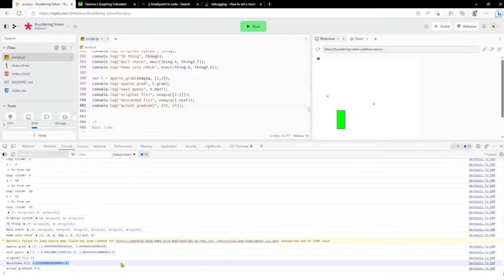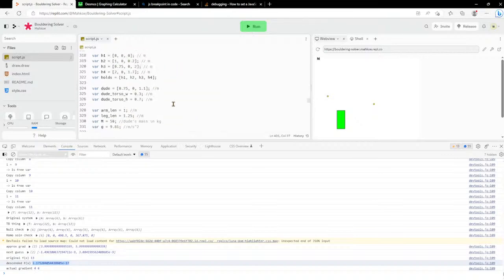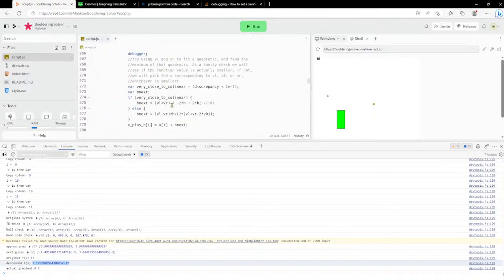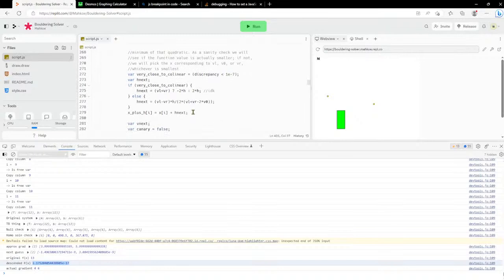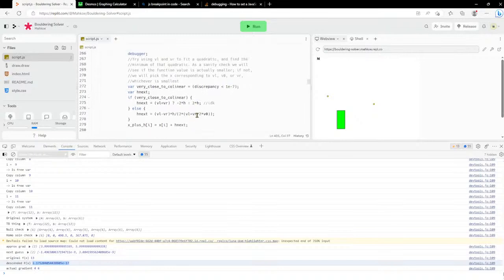Here's a thought. What if we made a rule that if it's pretty much collinear, we will just arbitrarily set A to be equal to, I don't know, 0.1 or something. You know, just so that we're not searching forever.